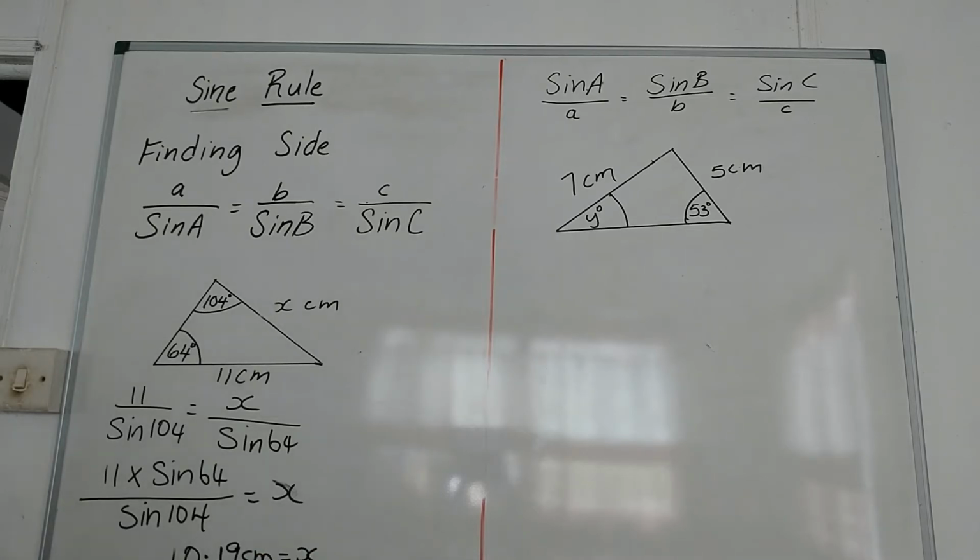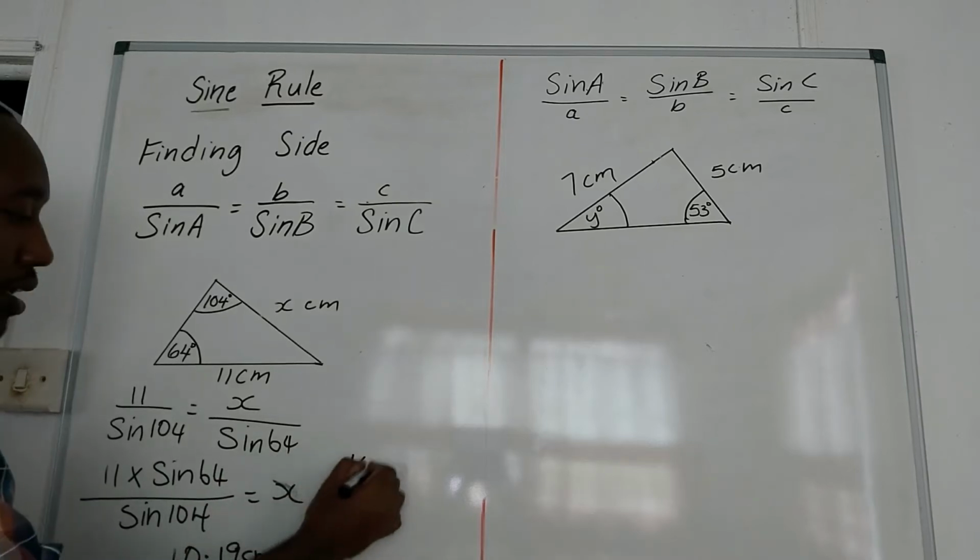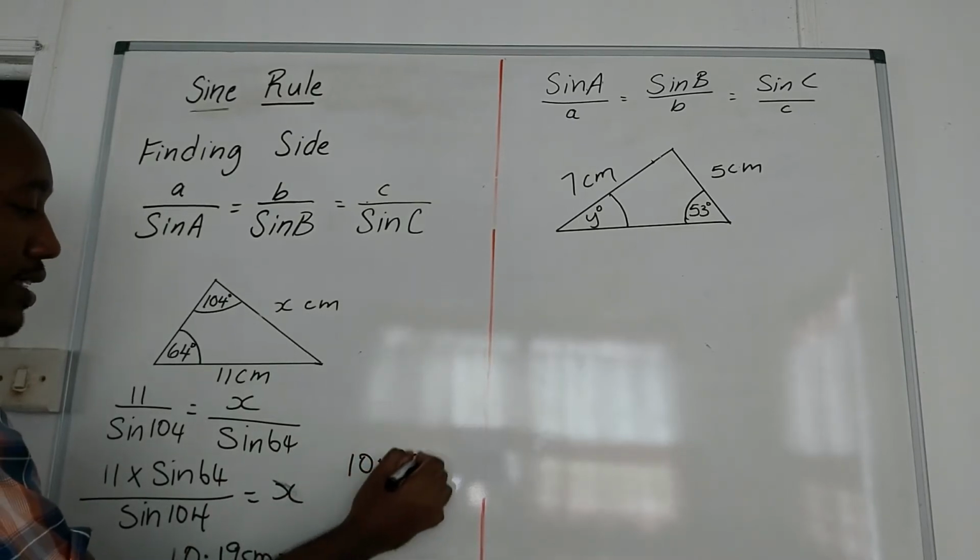So the side x is equal to 10.19 cm to 2 decimal places.